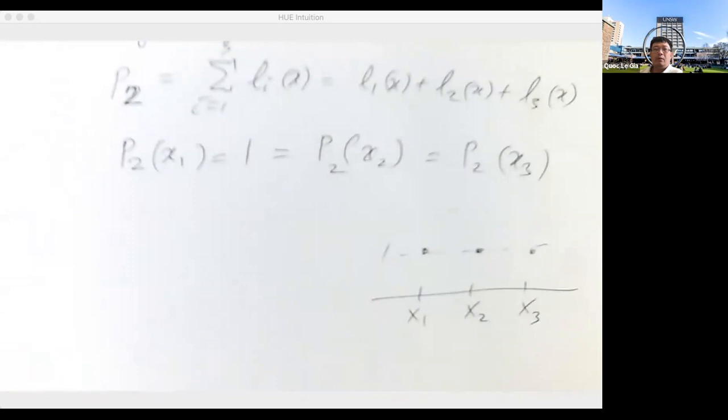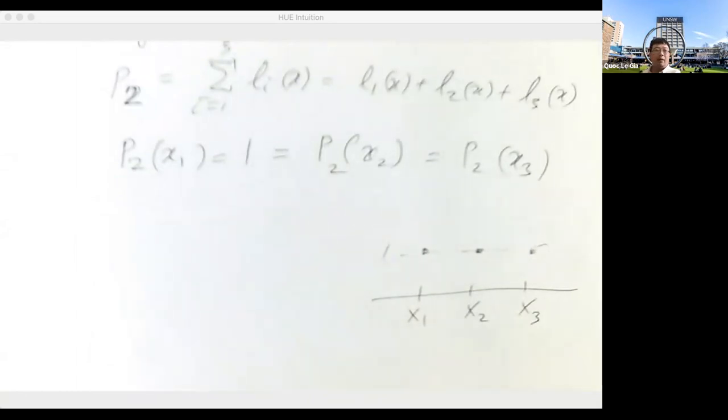Anyone? So what is P2 here? What is the degree of P2? It cannot be 3.